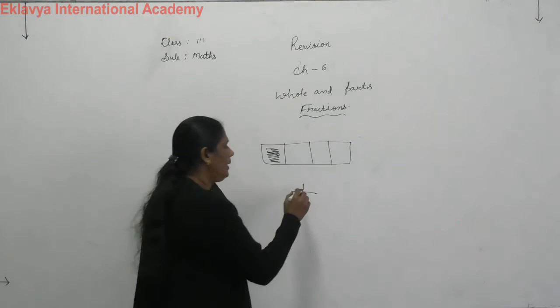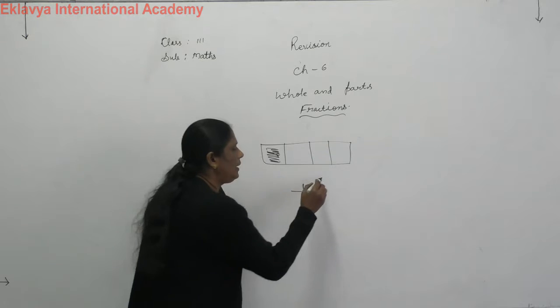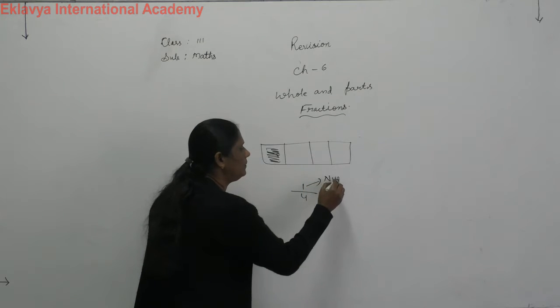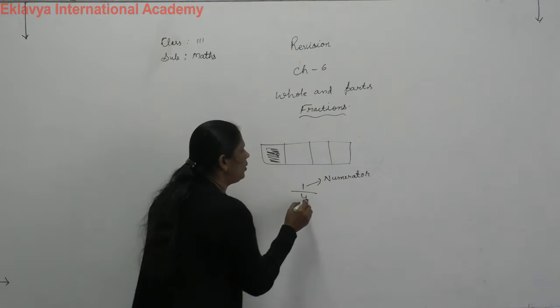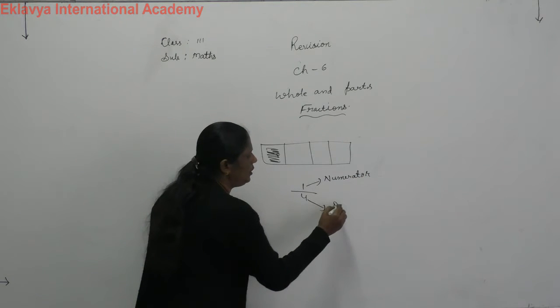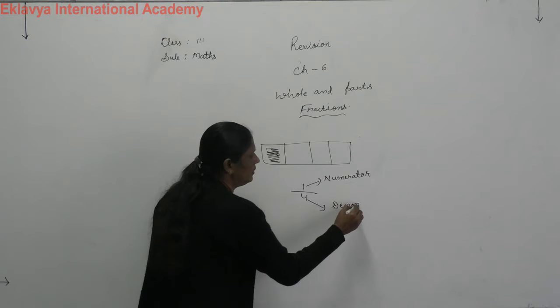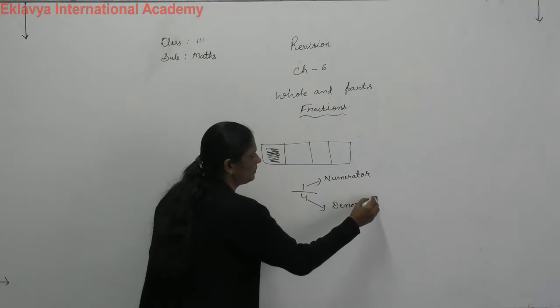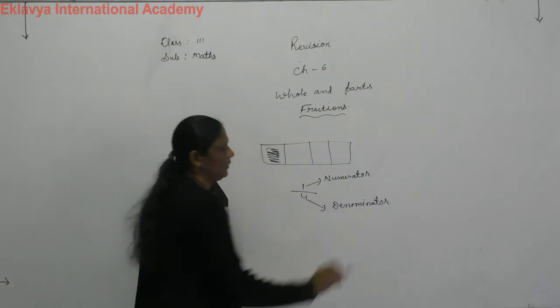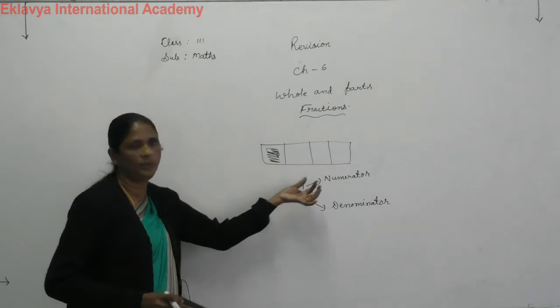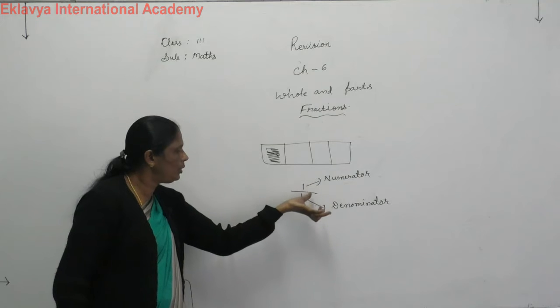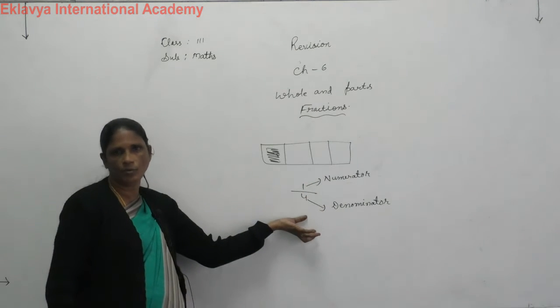The number above the line is called the numerator. The number below the line is called the denominator.